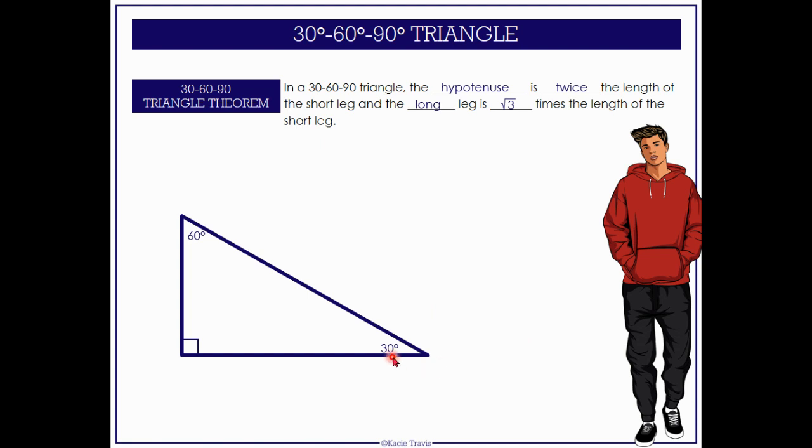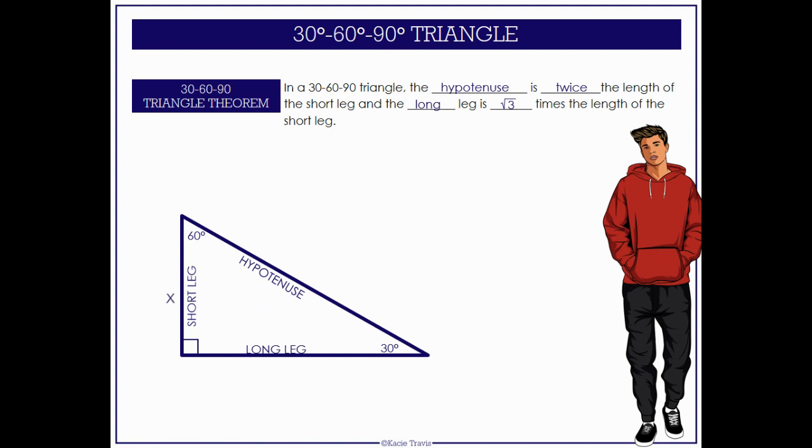Our short leg is across from our 30-degree angle, and our long leg is across from the 60 because this one here is the middle side right here. So here's our logic for all our sides. We got them labeled.